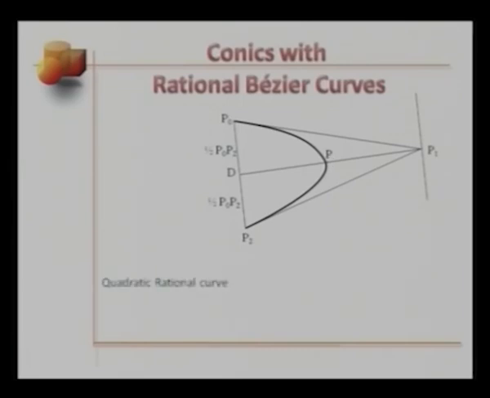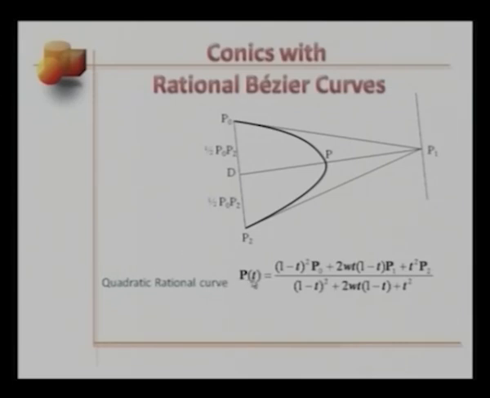Now we are going to be choosing a quadratic rational Bezier curve in a slightly different manner, in the sense that we'll have the weights corresponding to P0 and P2 assigned as 1, and we'll have the weight corresponding to P1 assigned as W that we need to find. So this is how a quadratic rational Bezier segment will look like.